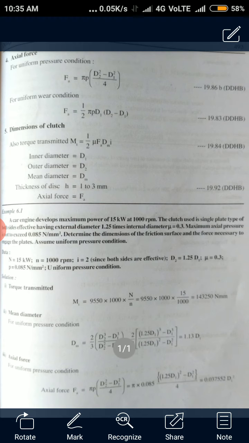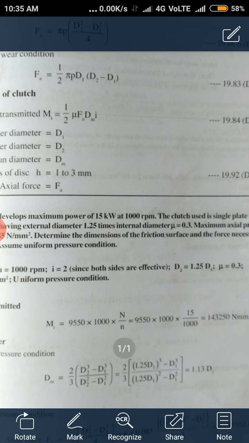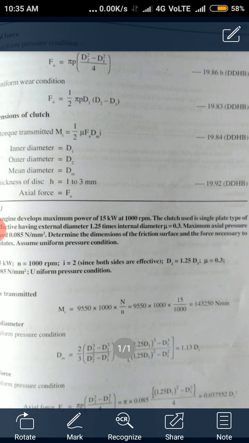For the uniform pressure condition, Dm equals 2 by 3 into (D2 cube minus D1 cube) divided by (D2 square minus D1 square). Substituting, since we know the relation D2 equals 1.25 D1, we get Dm equal to 1.13 D1.